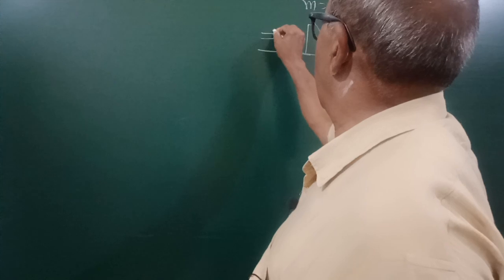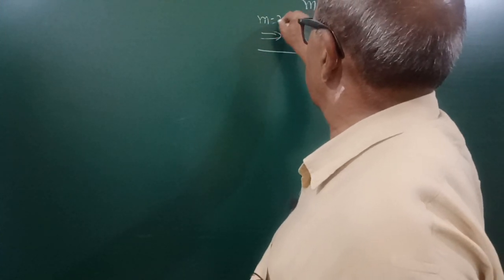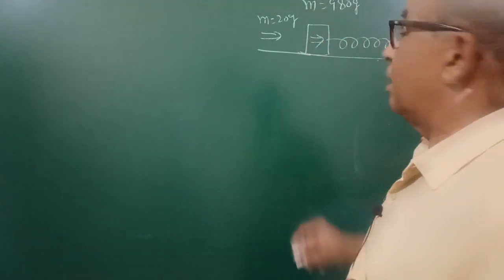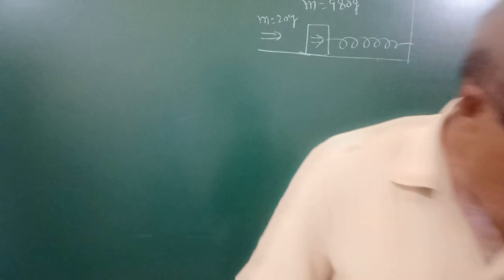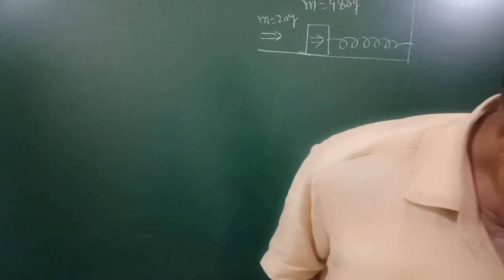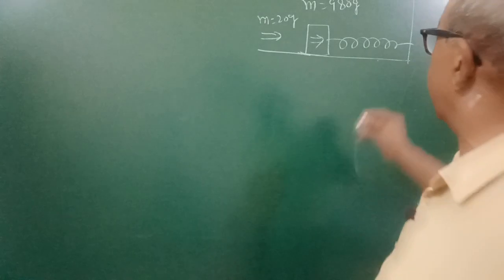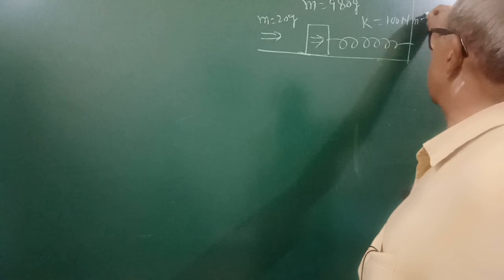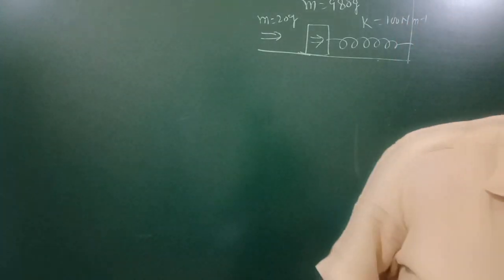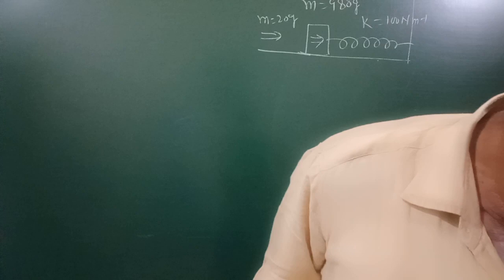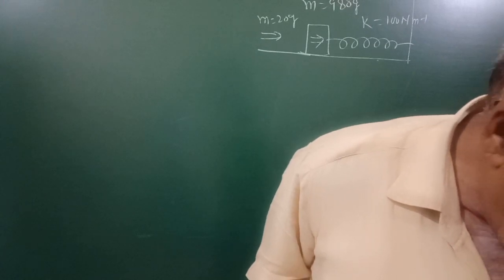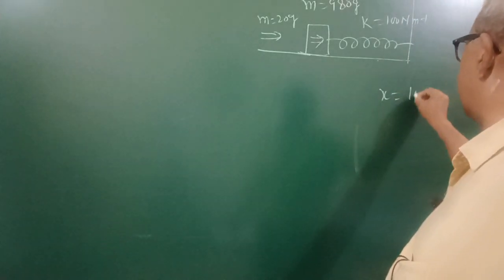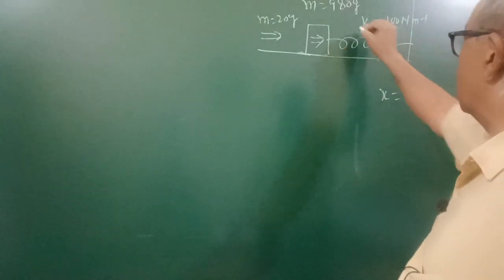A bullet of mass 20 gram collides with this and gets embedded into it. Now the block is in contact with the spring of constant K, 100 Newton per meter. After collision, the spring is compressed by 10 centimeter, x equal to 10 centimeter compression in the length of the spring.